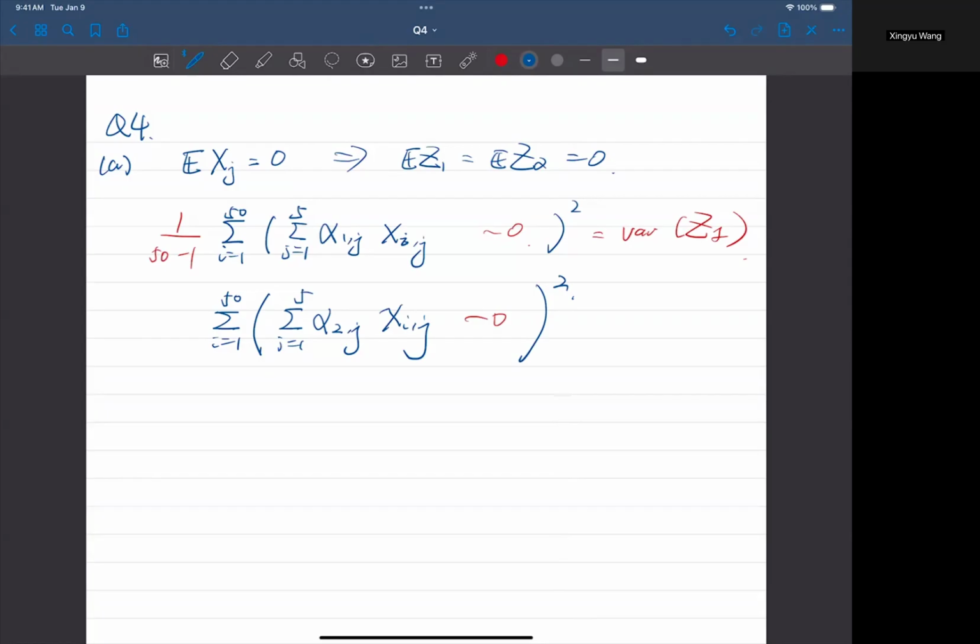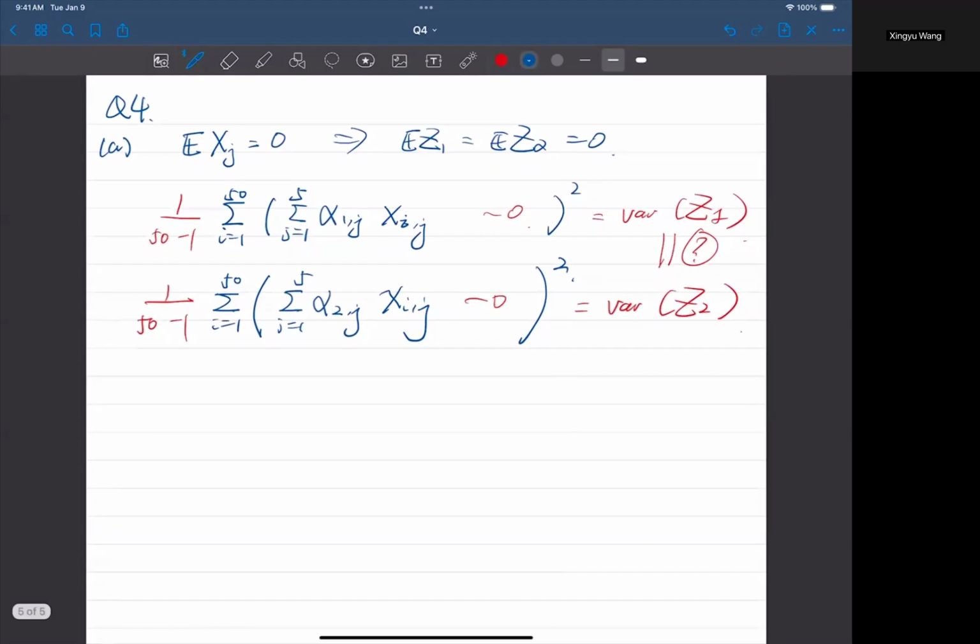If it's again divided by 50 minus 1, this gives the sample variance of z2. So basically, this claim is asking you to compare these two terms.